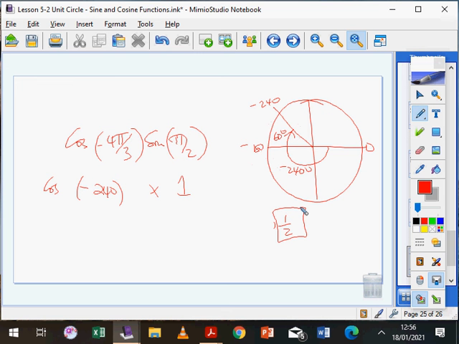Cosine is always negative in this quadrant. So the cosine of negative 240 is going to be negative 1 out of 2. So my answer here is negative half times 1, which ends up being negative 1/2.